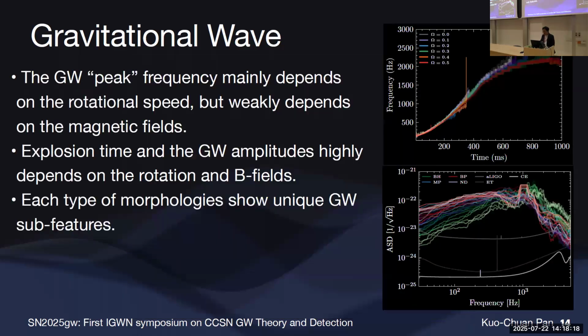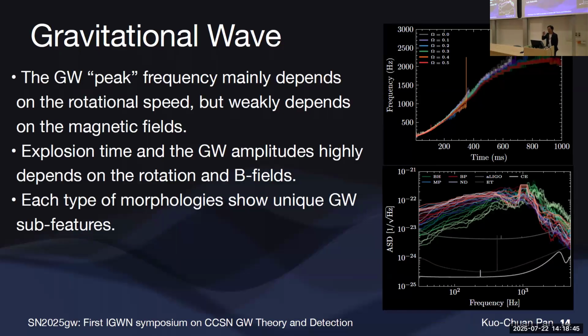So if we consider all these cases and we only pick up this peak frequency, or this high frequency component, in this upper panel I show all the cases we have done, and the different colors represent different initial rotational speeds. Different transparency is due to different magnetic field strengths.